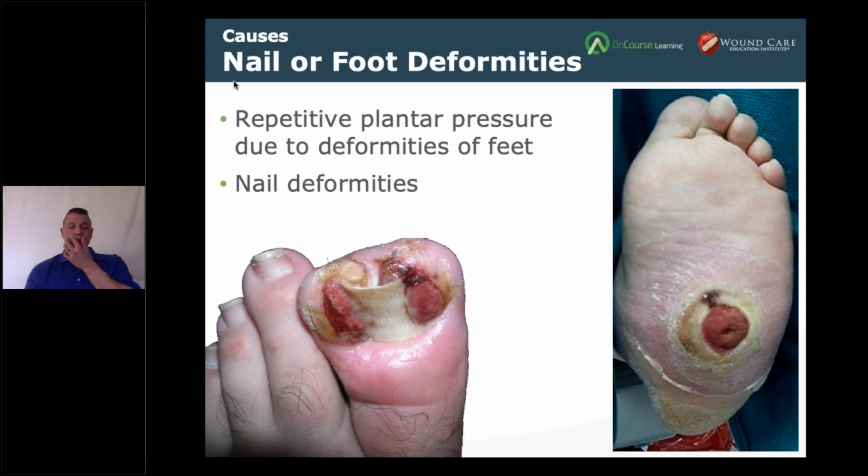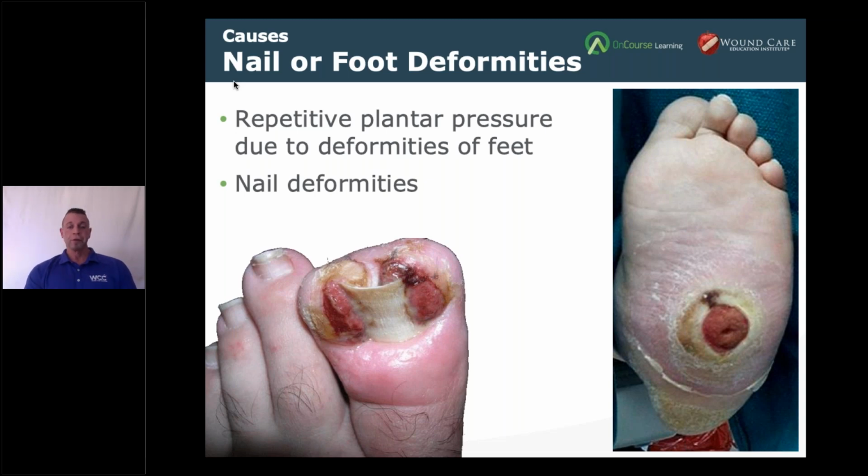Of course, nail and foot deformities. What we're simply going to do is take those minor structural changes that occur initially when the intrinsic muscles atrophy and the supportive structures like the ligaments and tendons weaken and the bones get weaker and the bones start to shift in place, but they don't change the look of the foot in any significant manner.